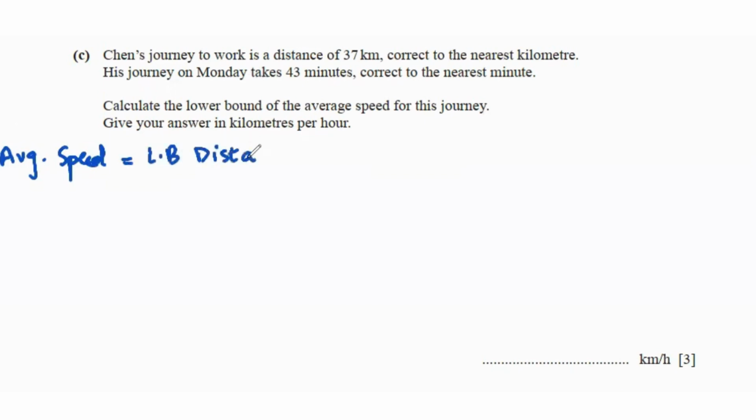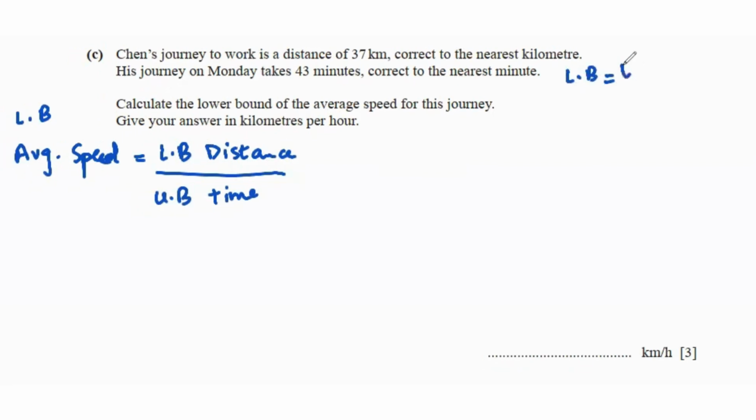LB is for lower bound. And your time would be upper bound. Why? Because they want the lower bound for average speed. LB is lower bound. UB is upper bound.